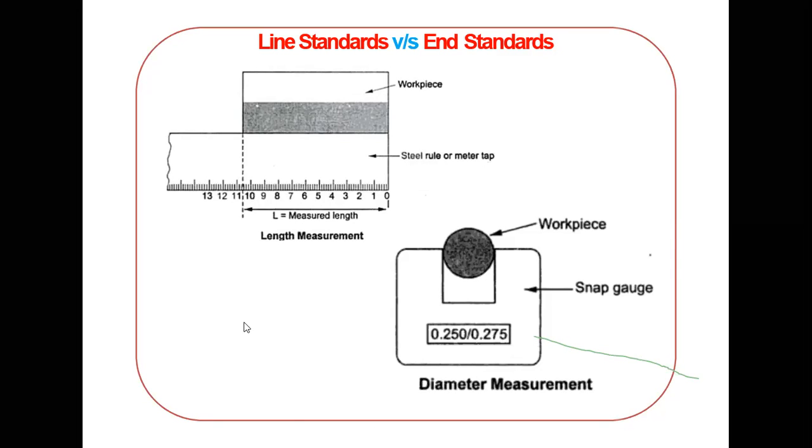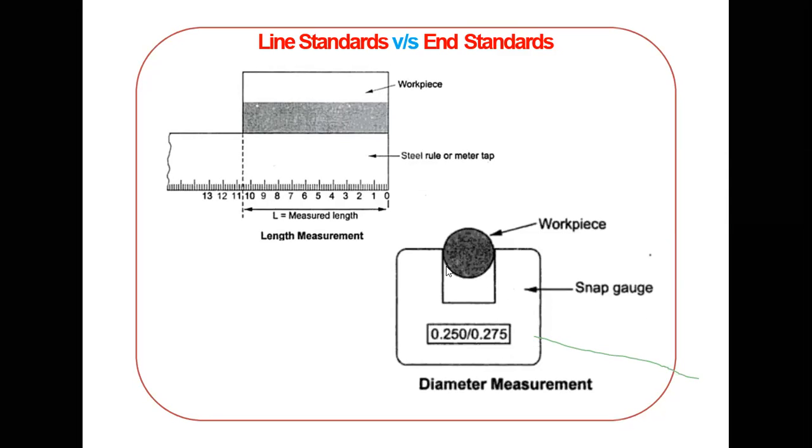Next we are taking the end standard position. We are taking a snap gauge here. It is one of the types of gauges. The workpiece is fitted to its parallel edges.